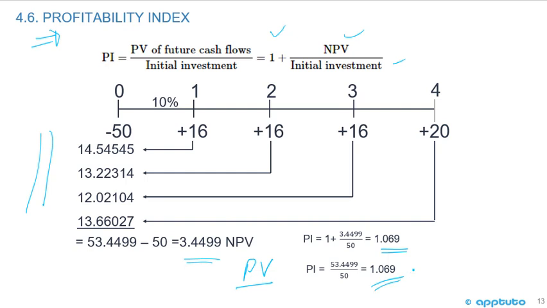We have a profitability index of 1.069. Because the initial investment is in the denominator, we want a big numerator, very profitable projects. So we want the profitability index to be a higher number. A higher number is better.